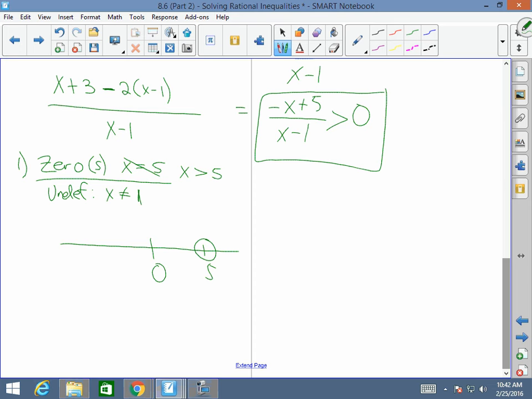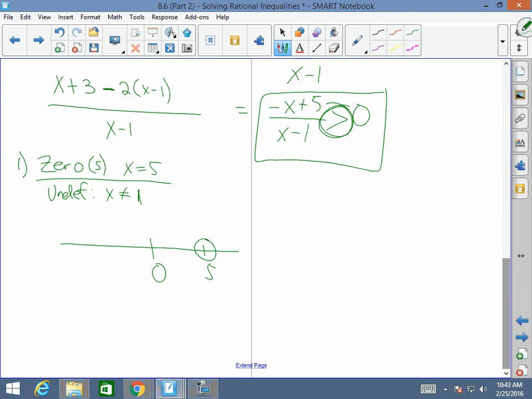Even though my zero is 5, since this is not greater than or equal to 0, there are going to be no brackets in your answers. Because if x equals 5, then the value of this inequality is 0, and the value of this inequality has to be greater than 0, not equal to 0. So be careful. Pay attention. Be cognizant of what they're asking you.